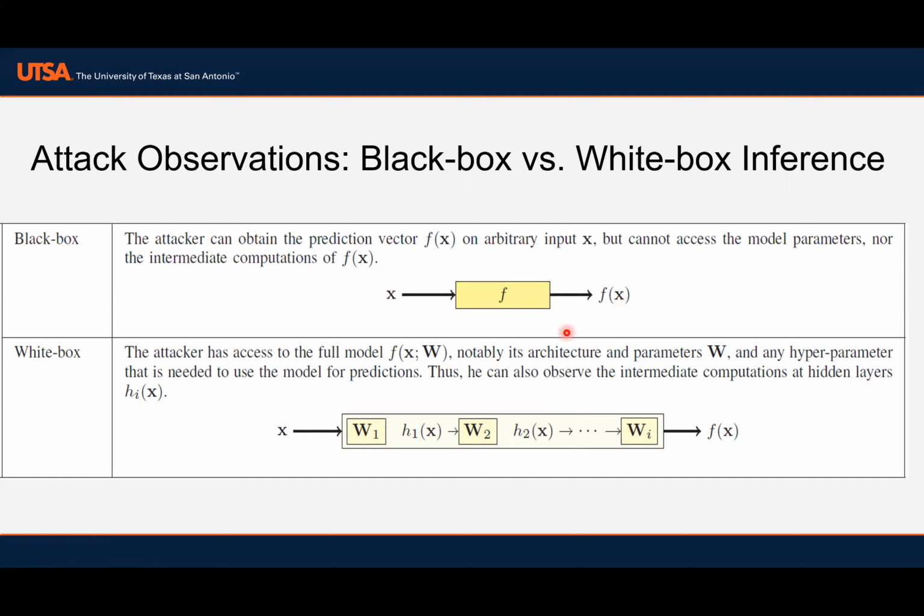For the white box inference, the attacker can access the whole model, the parameters and the hyperparameters. He can also access the predictions and the input X. He can also access the hidden layers HX.